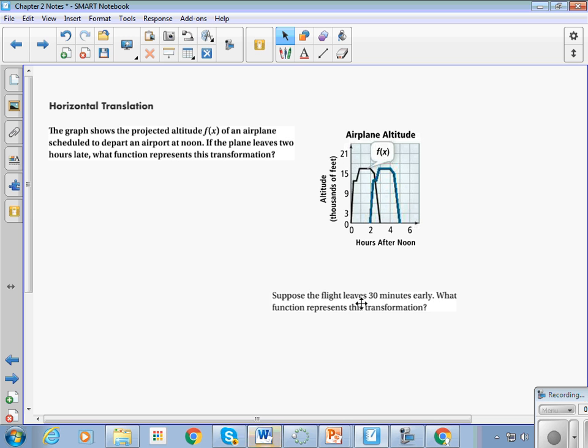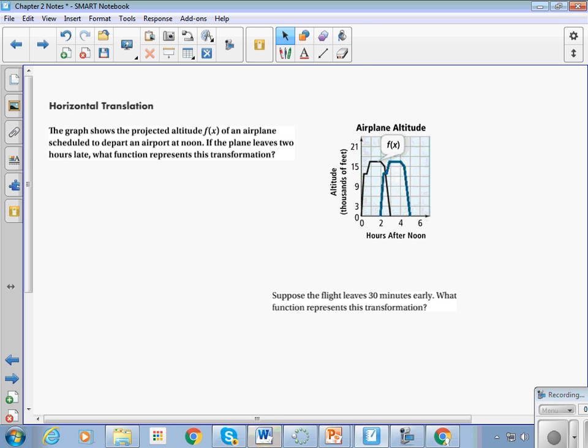The graph shows the projected altitude f of x of an airplane scheduled to depart an airport at noon. So noon is our 0. If the plane leaves 2 hours late, what function represents this transformation?